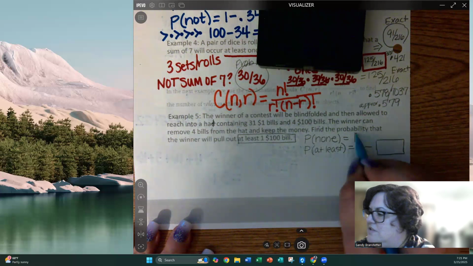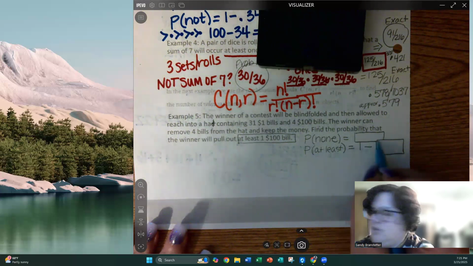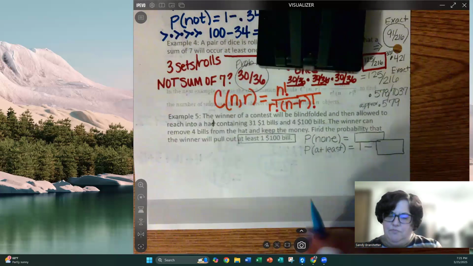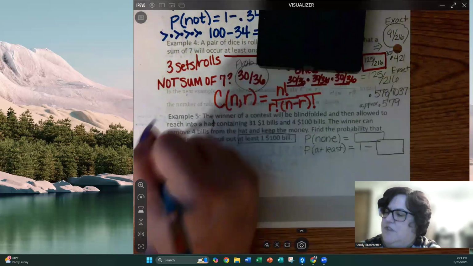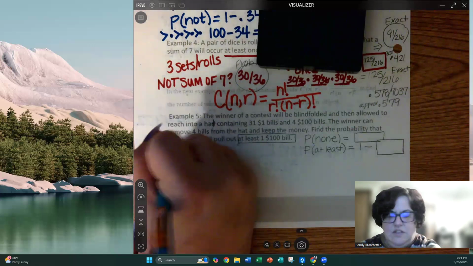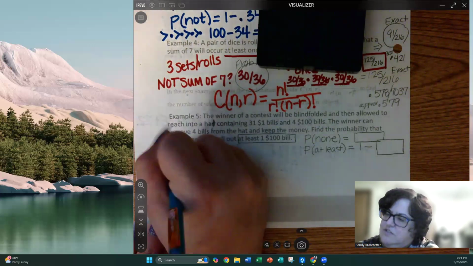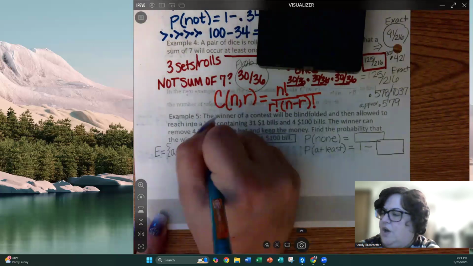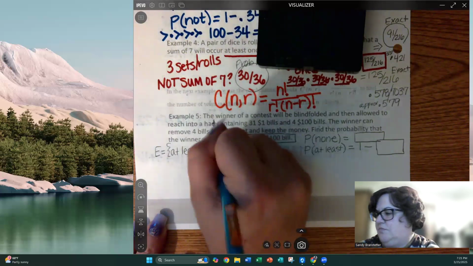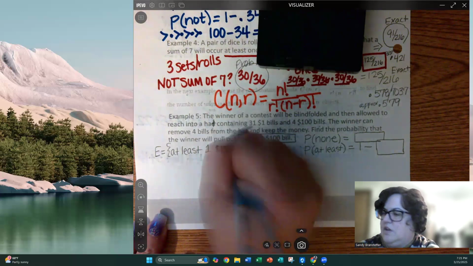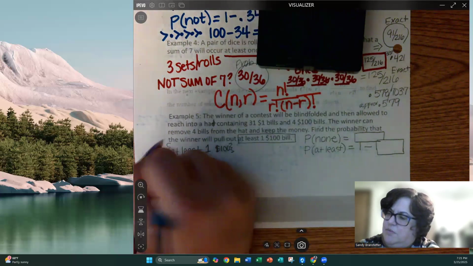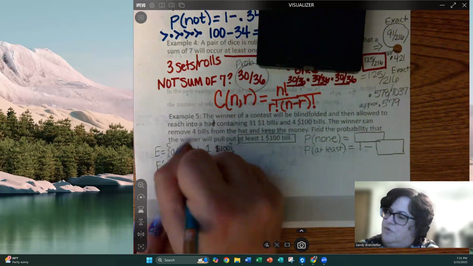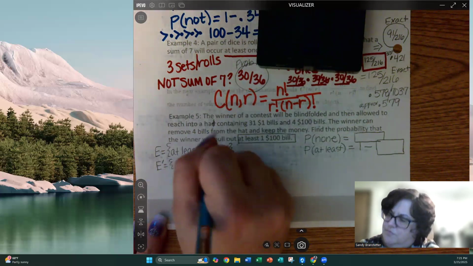So our process is the same, but we're going to use our combination formula in the problem. So our event is that we have at least 1 $100 bill, and our complement is that we have no $100 bill.